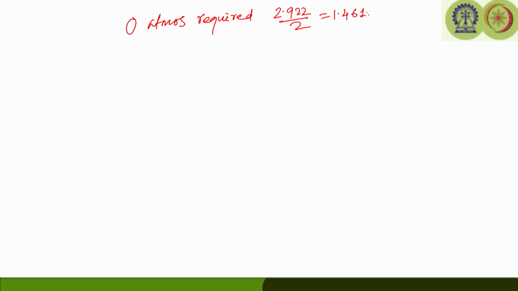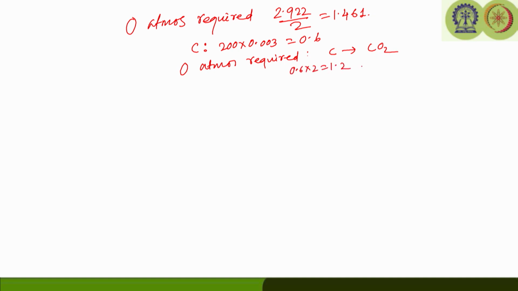Now, what about the carbon atoms? So, the carbon atoms will have like 200 into 0.003, so we can have 0.6. So, the oxygen atoms required for converting C to CO2 will be like 0.6 into 2, because CO2 requires 2 oxygen atoms. So, it is 1.2.